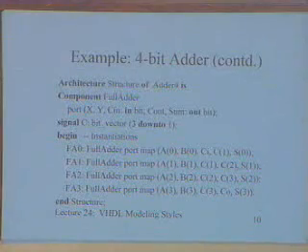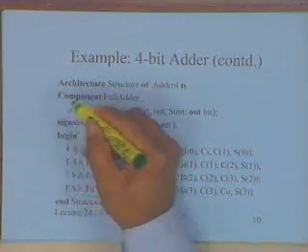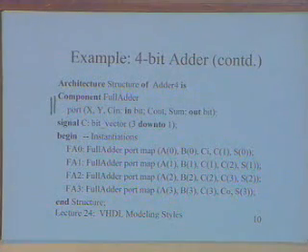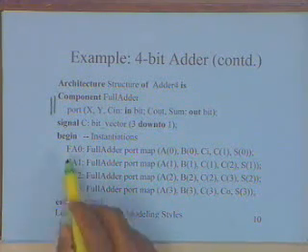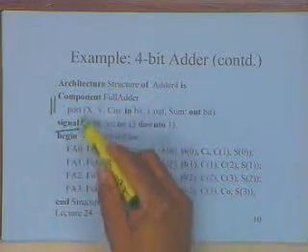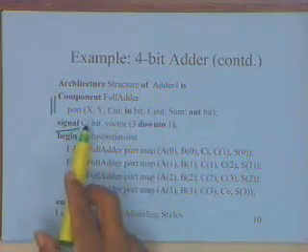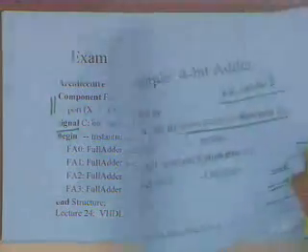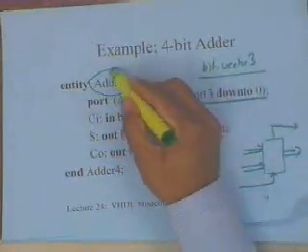So now in this case, I defined a component which is the full adder, the 1-bit full adder that I defined before. And I have defined the signal. As I said before, each time I associate this adder 4, please remember, it corresponds to this entity adder 4.